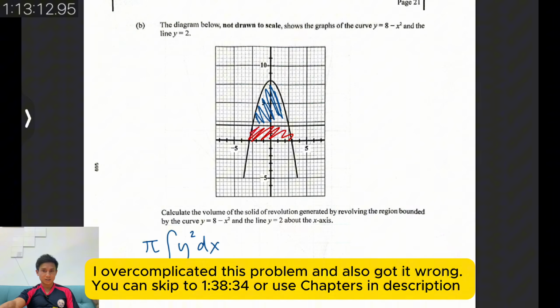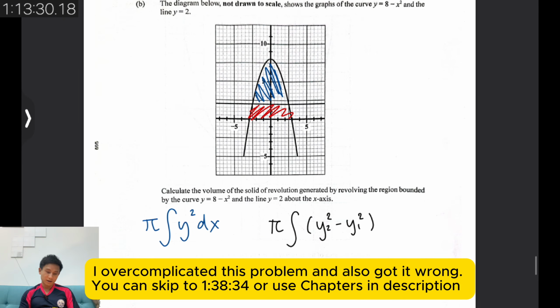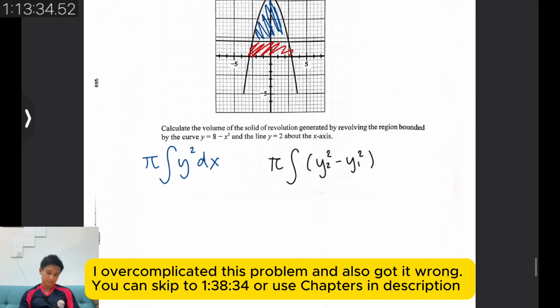So this will be pi (y2 squared minus y1 squared), with y2 being the outer one, which is the curve, and y1 being the y equals 2 here. That's going to be the volume.